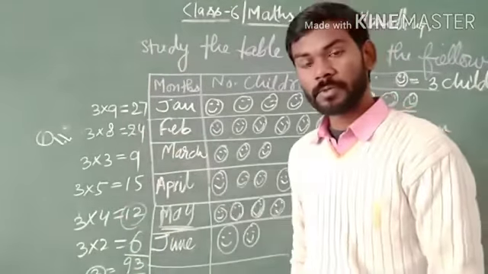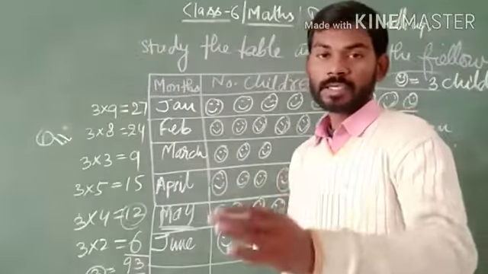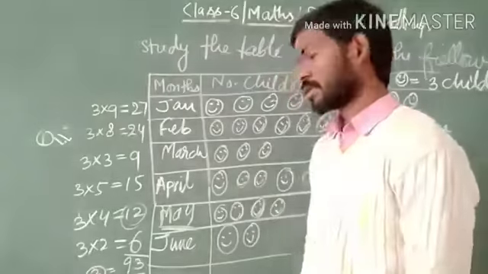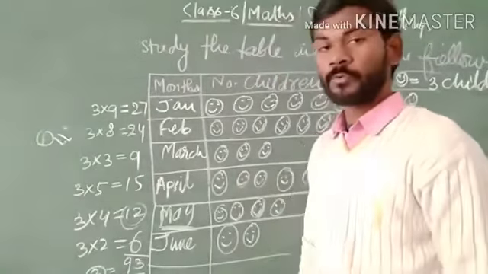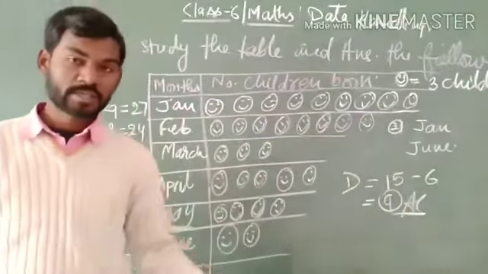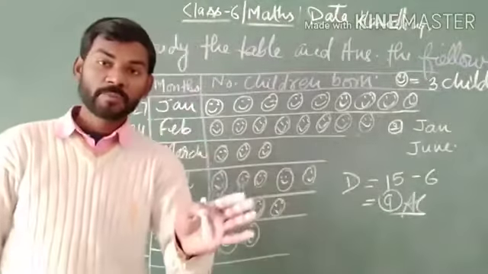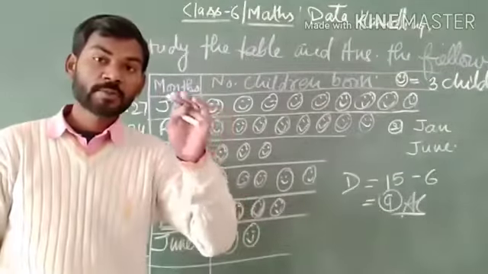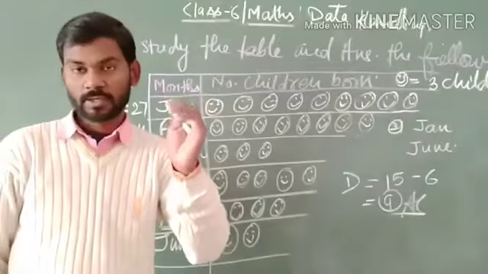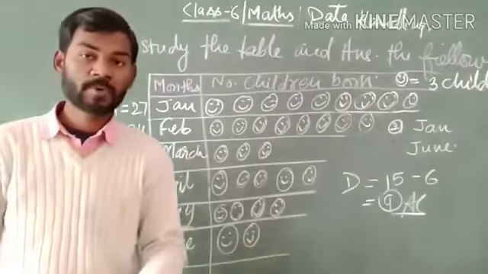Therefore, our answer is the first 3 months. So students, in this way we shall solve such types of problems. Here the calculation is not much, but the game is entirely based on our logic. So we have to improve our logic to answer such types of questions.